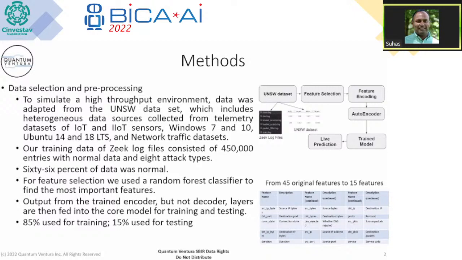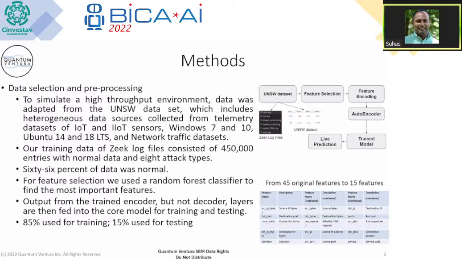We've continued this work and are looking at other ways of doing feature extraction and dimensionality reduction. We used 85% of our data for training and 15% for testing.